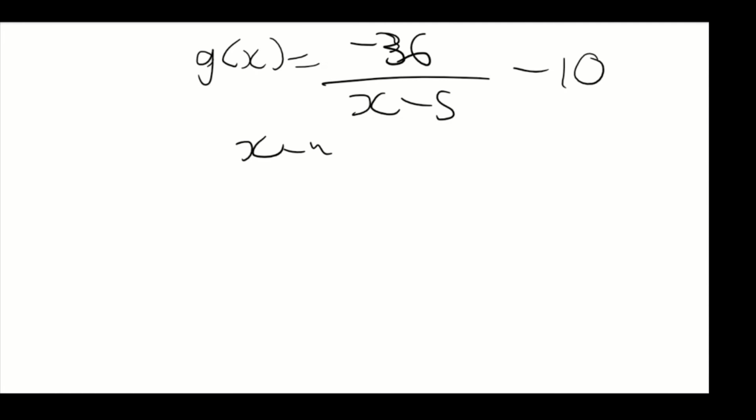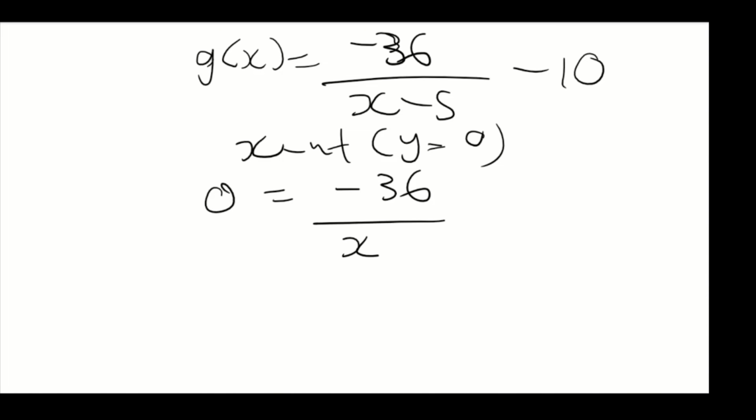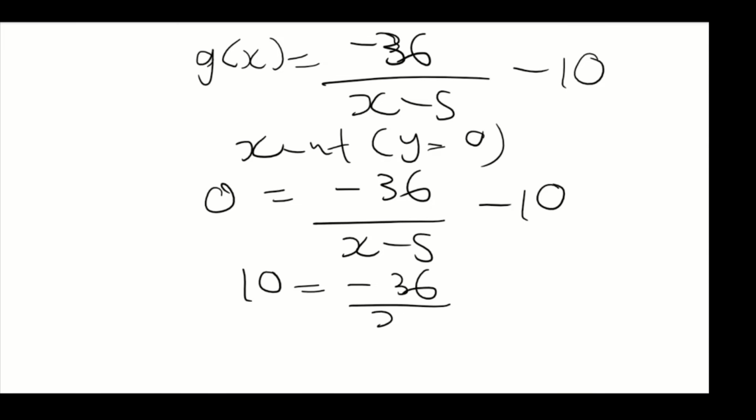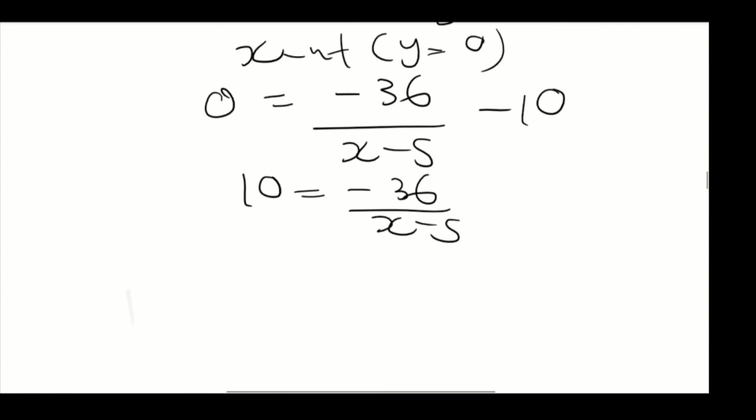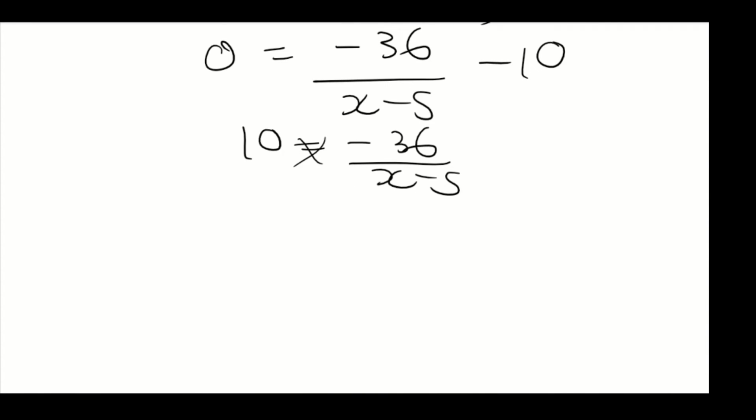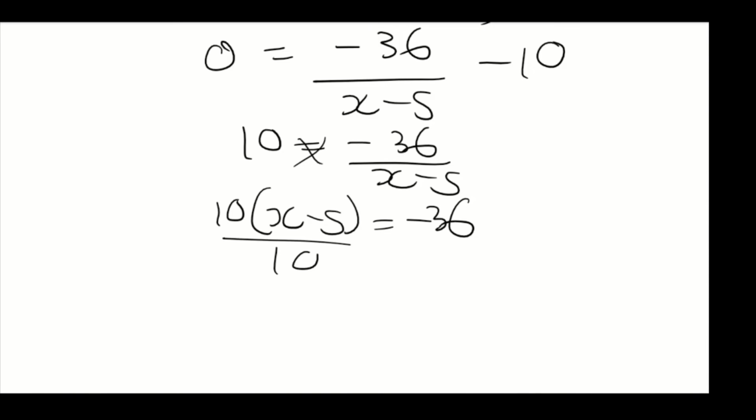The x-intercept is when y equals 0, so 0 equals minus 36 over x minus 5, minus 10. We transpose the 10 to the other side: 10 equals minus 36 over x minus 5. Then we cross multiply: 10 multiplied by x minus 5 equals minus 36. Then we divide both sides by 10: x minus 5 equals minus 36 over 10.